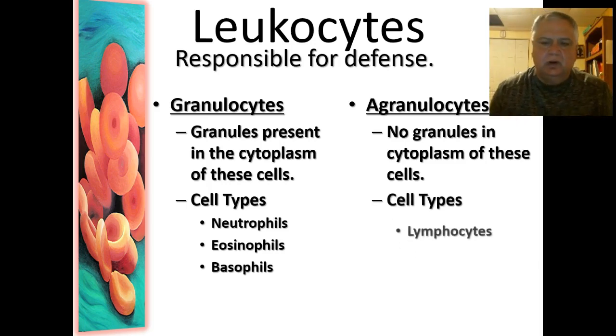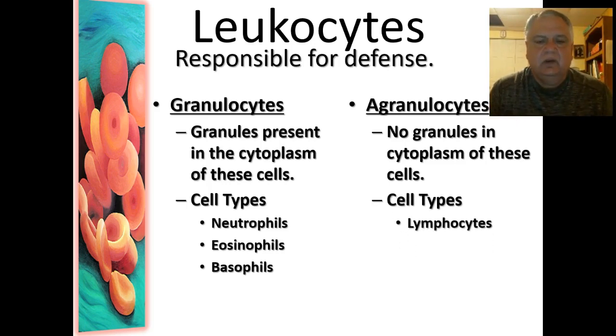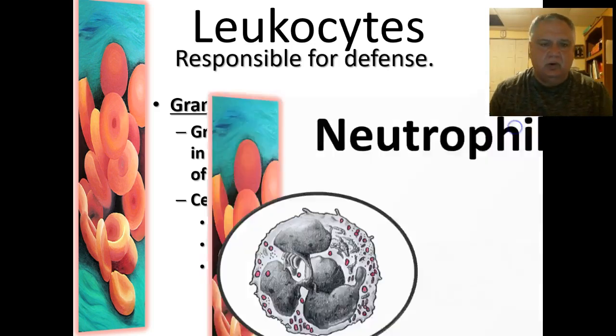There are two types of agranulocytes. They include the lymphocytes and the monocytes. So whenever we take a look at leukocytes, we classify them as either granulocytes or agranulocytes. The granulocytes are neutrophils, eosinophils, and basophils. The agranulocytes are lymphocytes and monocytes.